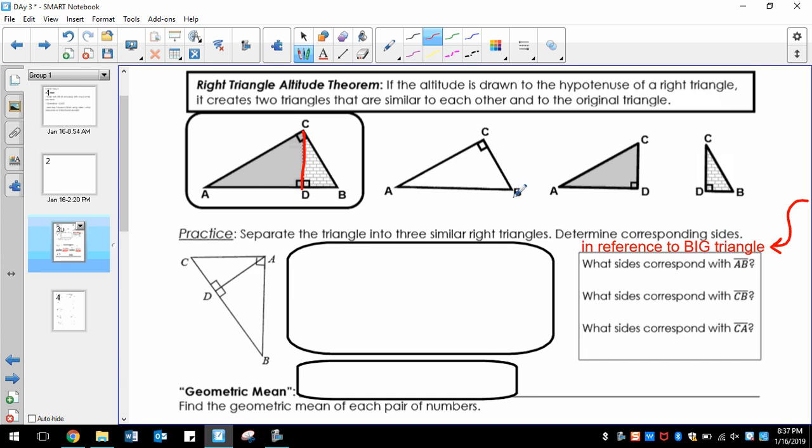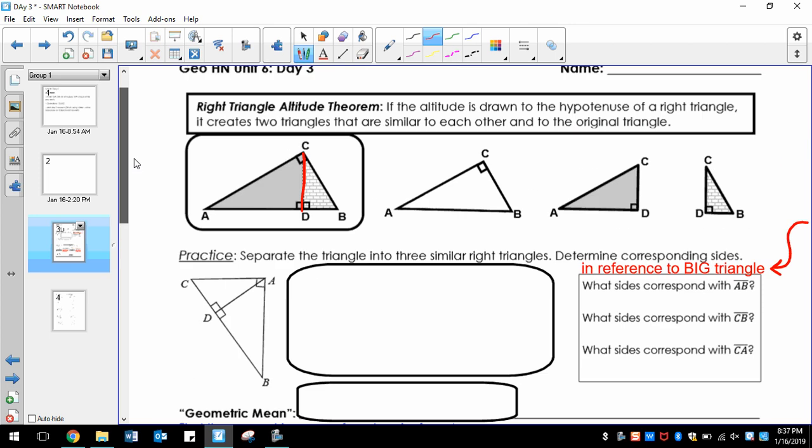You have the original triangle, the full one, right here. You have the one on the left that's created on the left side of the altitude, this right triangle. Then on the right side of the altitude you have the brick-designed one. All 3 of these triangles will be similar every single time, as long as it's a right triangle to begin with and you draw an altitude from the right angle down.